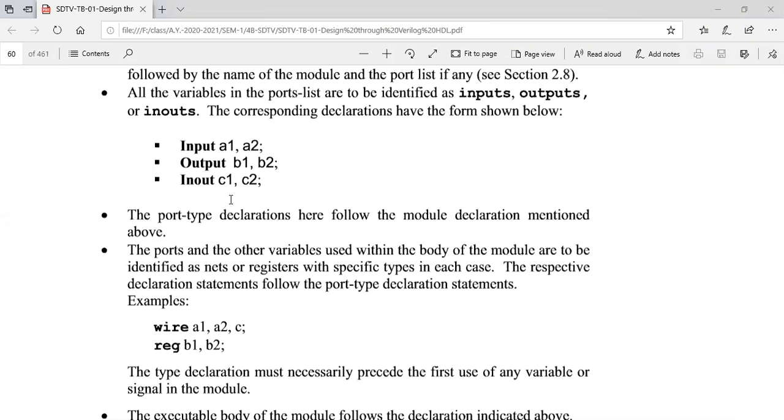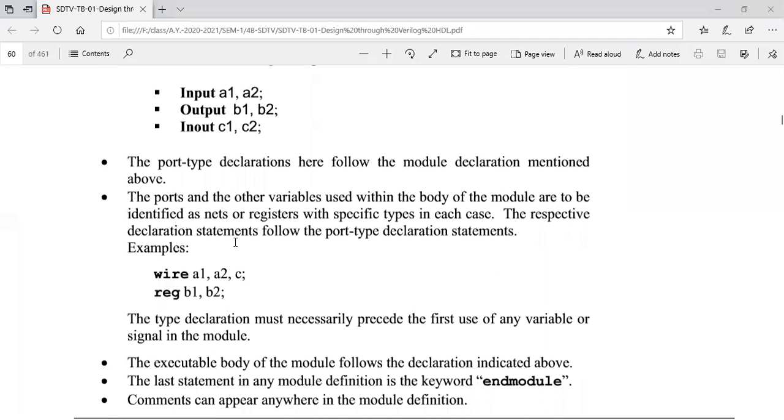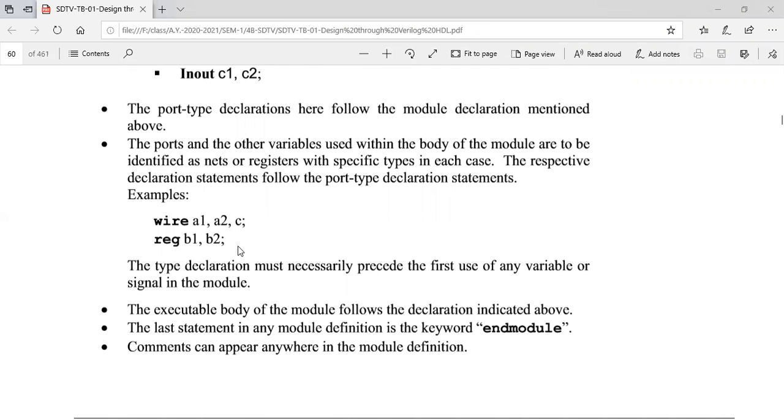So if you see here, the prototype declaration follows the module declaration mentioned above, and we have to mention whether it is a wire or a register.